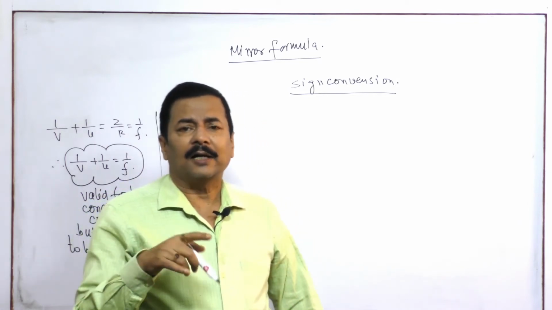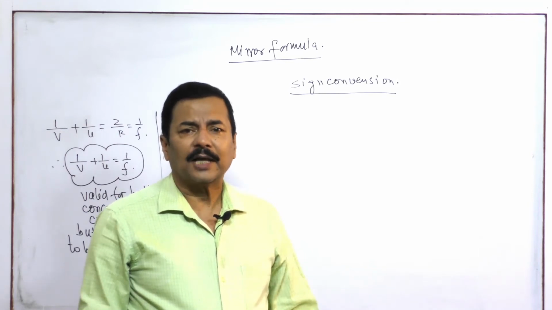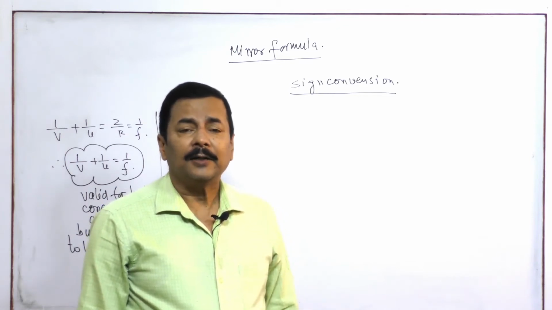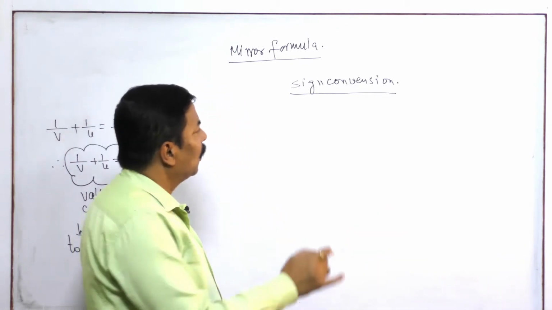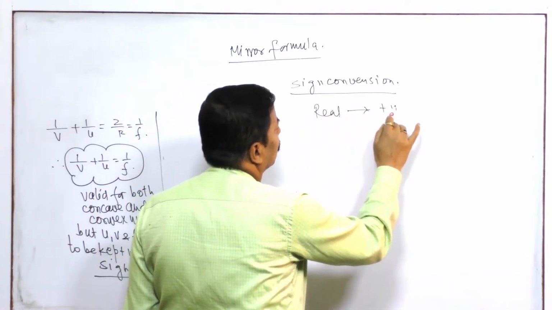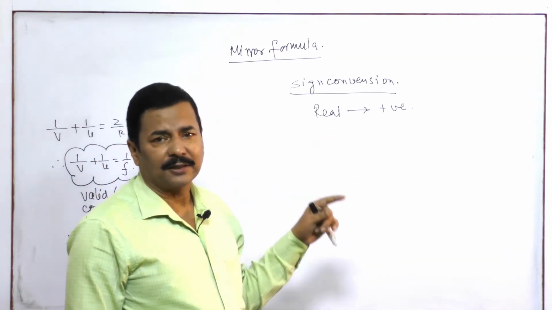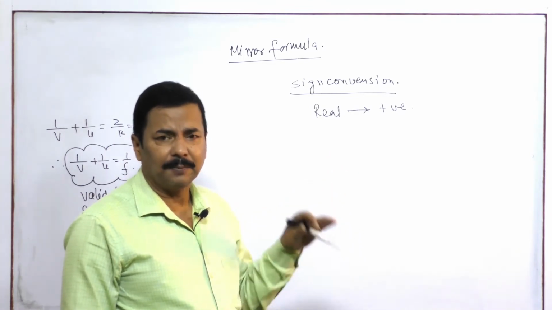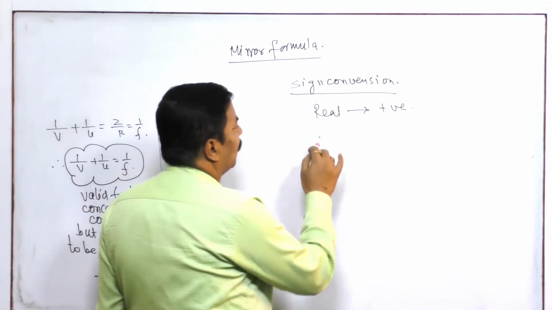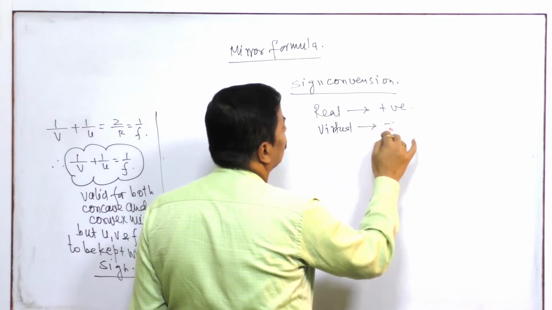Some books give the Cartesian sign convention and you will get confused, but we have to follow the sign convention according to our NEB, Nepal board syllabus: whatever is real has to be taken as positive. If you go to the engineering side, you will again find the Cartesian sign convention, but for our +2 level syllabus we have to follow this sign convention only, and whatever is virtual can be treated as negative.